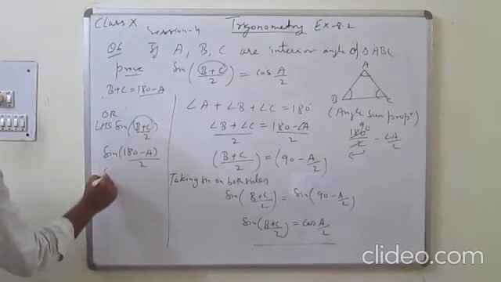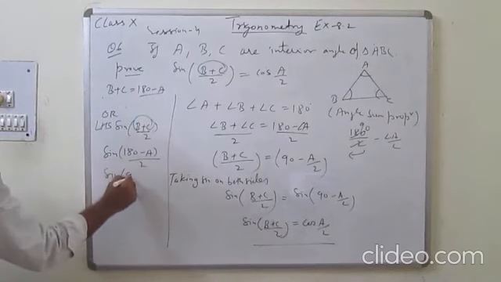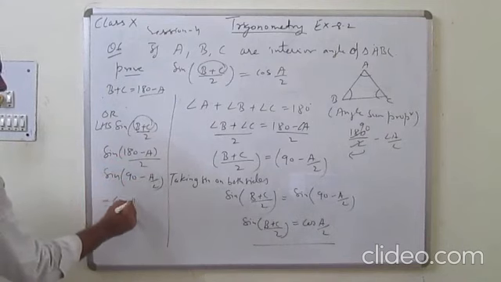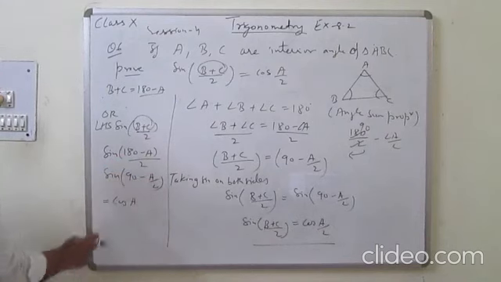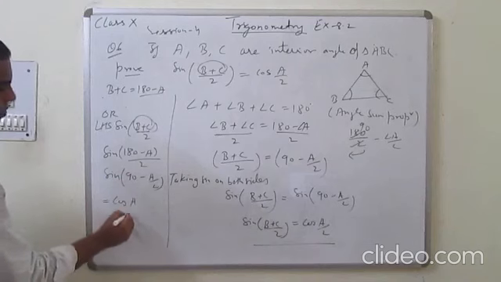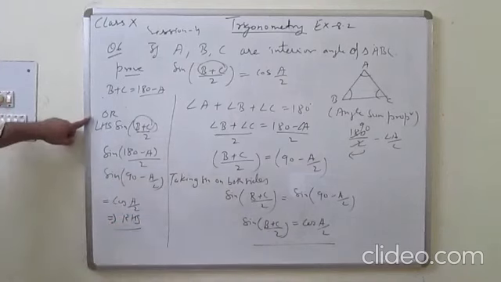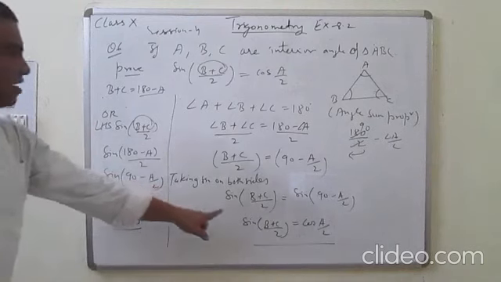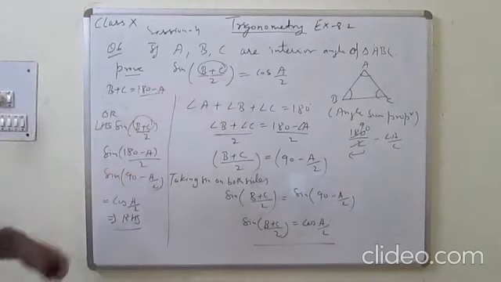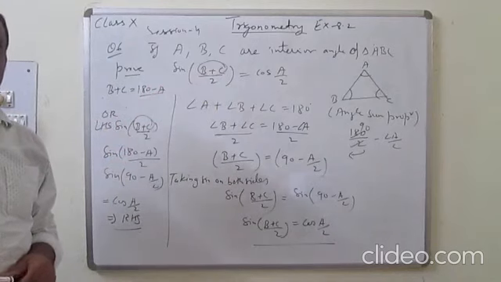So you will get sin 90 minus A by 2. Use the formula sin 90 minus A is cos A, so cos A by 2. This is the right hand side. This is the other method. Any method you can use.